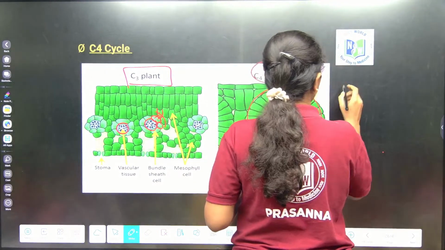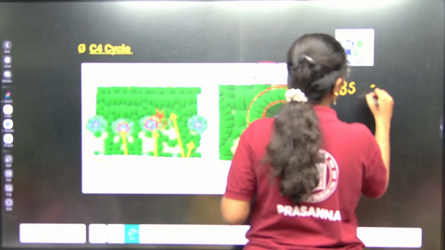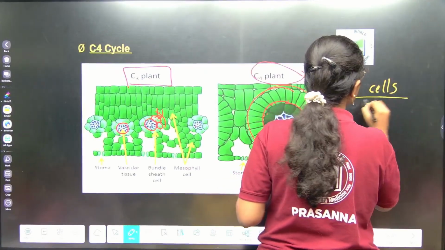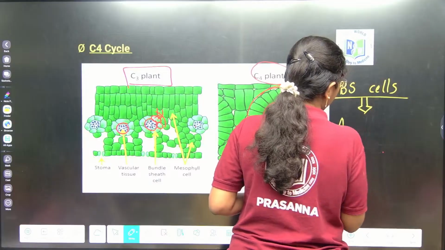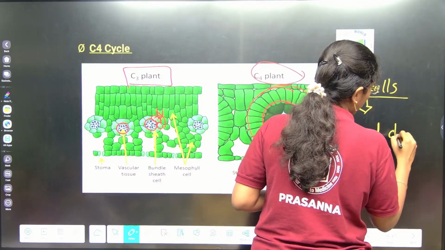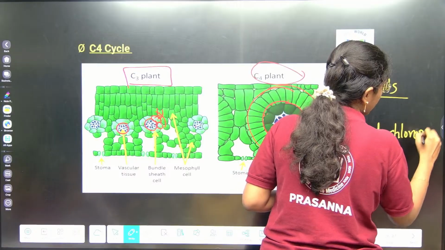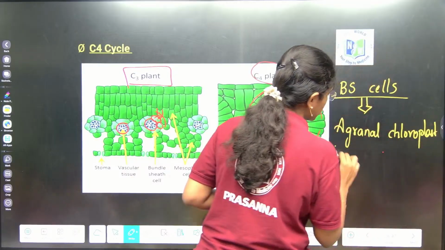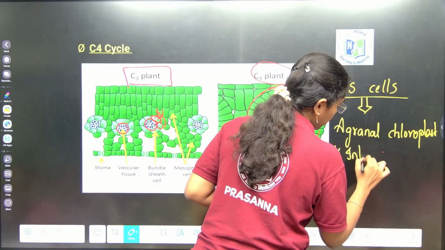What is present in the bundle sheath cells? Bundle sheath cells consist of agranal chloroplasts. There are no intercellular spaces in between the bundle sheath cells.